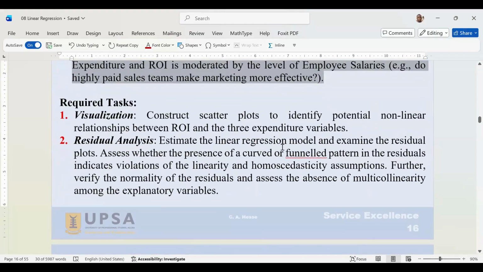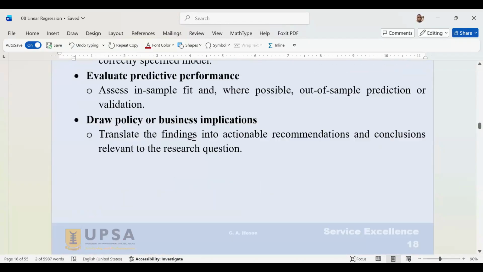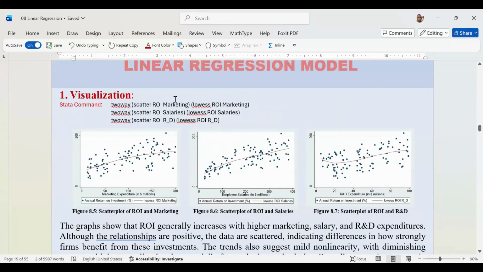Then the required task, first of all, we have to do visualization. So how do you do that? We plot each of the independent variables against the ROI, the return on investment. So we have 3 graphs.